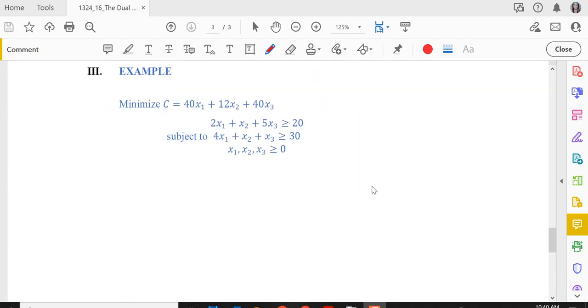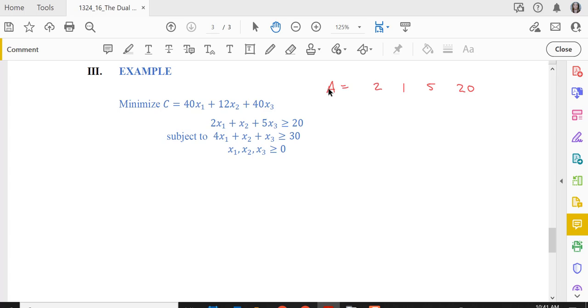So let's walk through an entire problem. Minimize. So the first thing we need to do is build the matrix A. Matrix A will be 2, 1, 5, 20. You see where I got that from the first constraint?